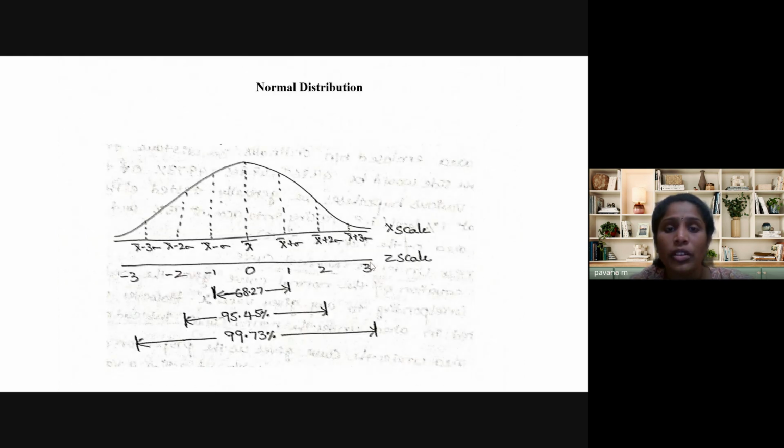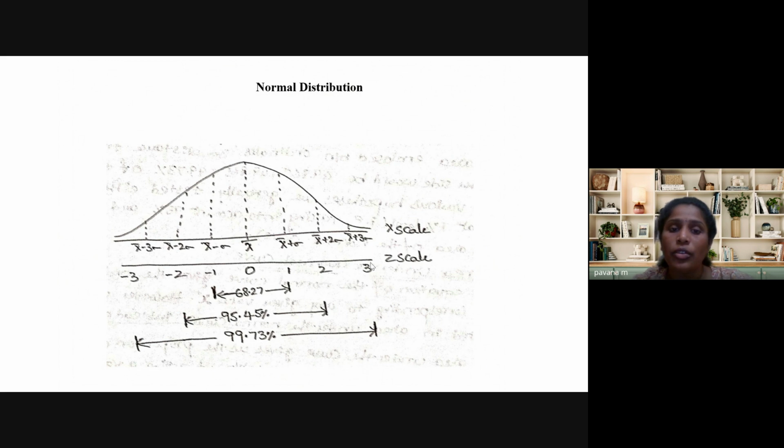But in normal distribution, you are taking class intervals and confidence levels. According to the confidence levels, you calculate the x bar, that means the average, and the standard deviation. That's why normal distribution is a continuous probability distribution.